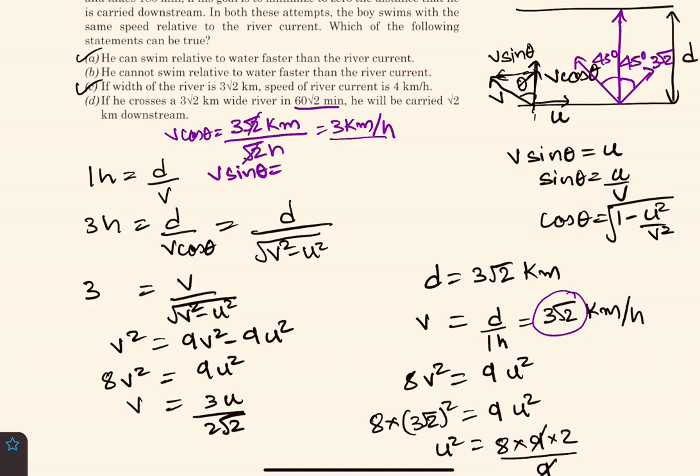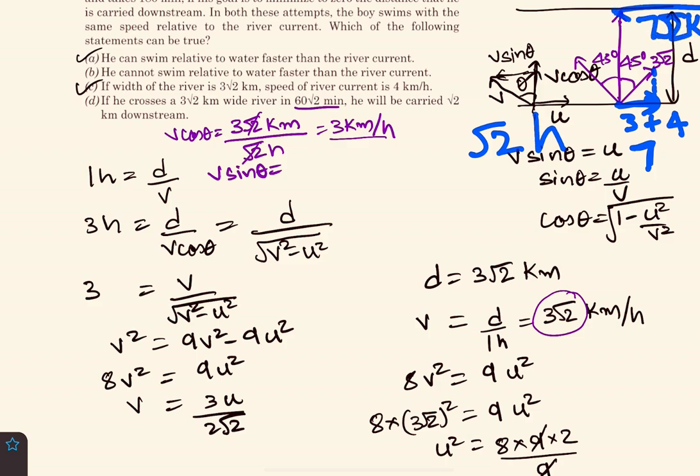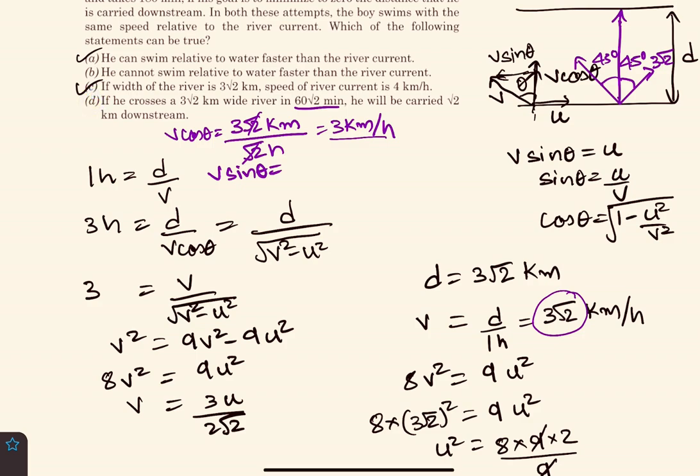If it is making 45 degrees this way, the total speed will become 3 plus the speed of water, which is already 4. So it will be moving with 7 kilometer per hour, for root 2 hours. Then it would travel 7 root 2 kilometer in the direction of the flow, which would not agree with this option.